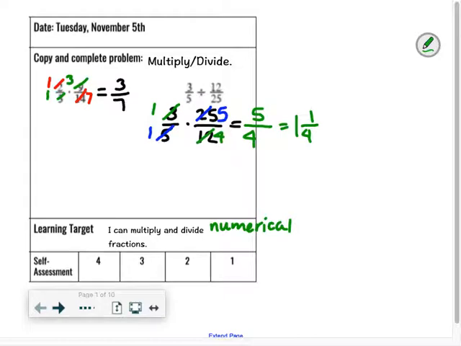What do you think we're doing today? Yeah, we're going to combine the two. So we're going to take algebraic fractions and multiply and divide them. So we're going to be taking x plus 3 over x minus 5 times x minus 5 over x plus 2.